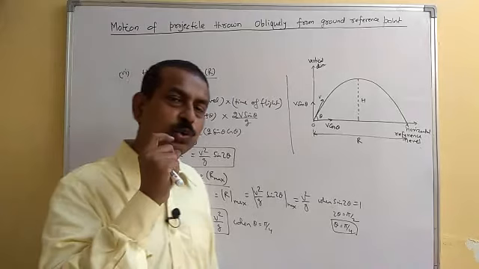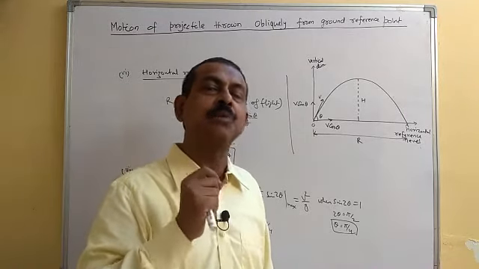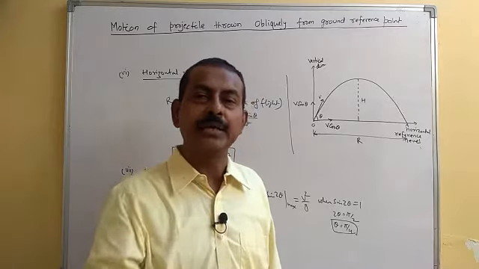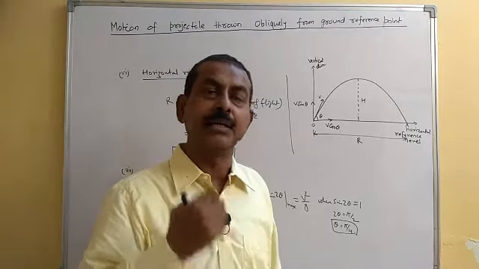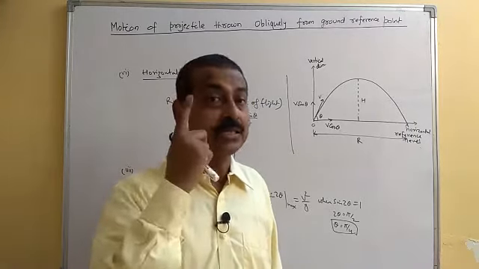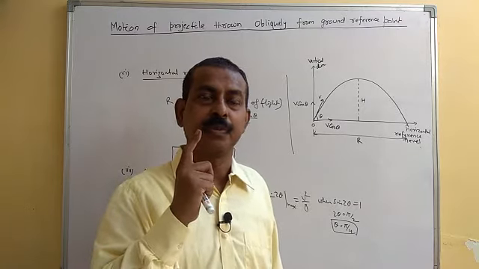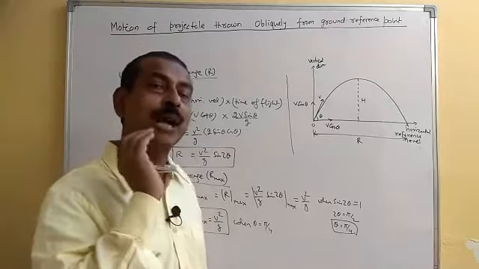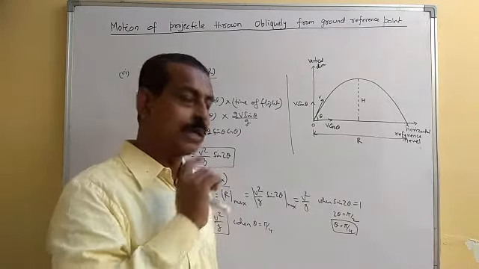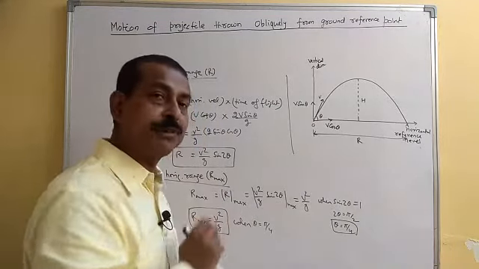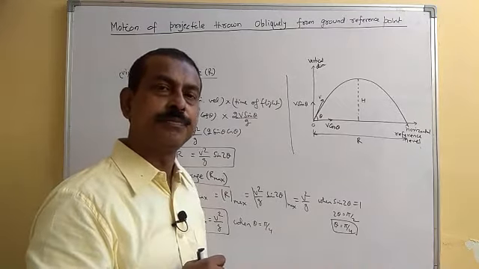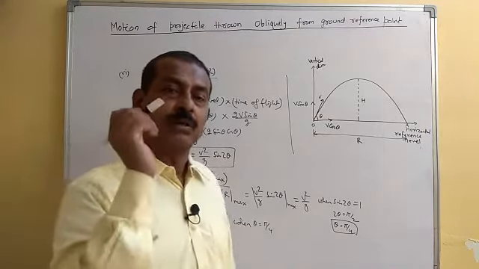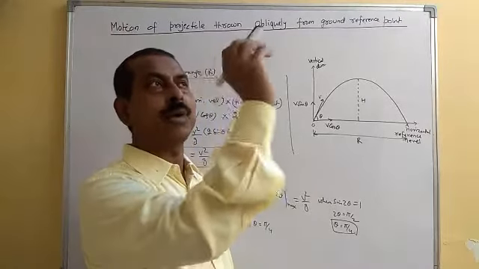If you want to throw a body to the maximum vertical height, so that it rises up to the maximum vertical height, then it should be thrown exactly in the vertical direction. But if you want the body to travel through maximum horizontal distance, then it should be thrown at 45 degrees with the horizontal. That is why you must have noticed in the javelin throw, they throw it at some angle with the horizontal.